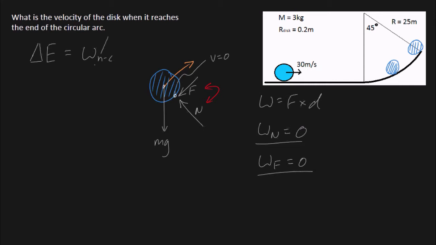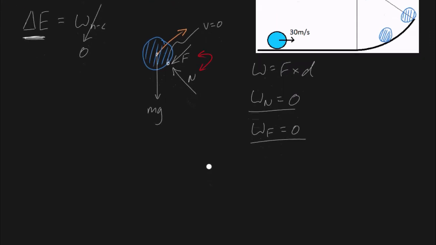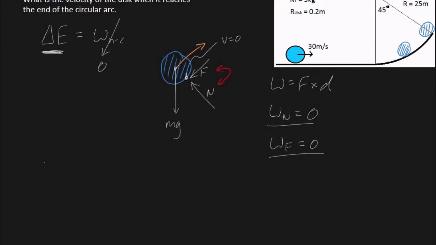So that's really just a fancy way of getting to the conclusion that the work done by your non-conservative forces is 0, meaning that we can now figure out the left-hand side of this equation. What's the left-hand side? Well, it can be split into the change in kinetic energy plus the change in potential energy, which is equal to 0. Let's see if we can split this into any further pieces.